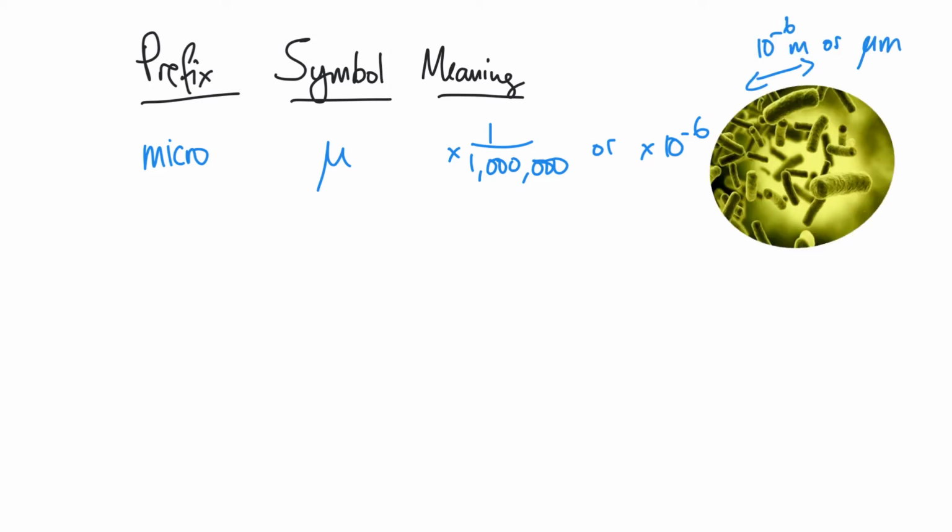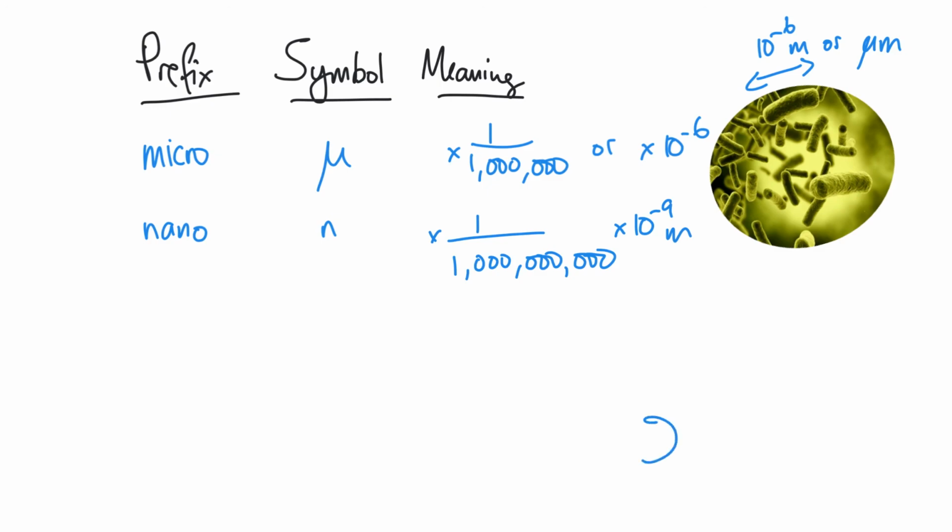And we can go even smaller than micro, all the way down. I think in this course, we'll probably just go all the way down to nano. What nano means is that it is essentially 1 billion times smaller. So we've gone from giga, which is 1 billion times larger, to nano, which is 1 billion times smaller. And why might nano be helpful?